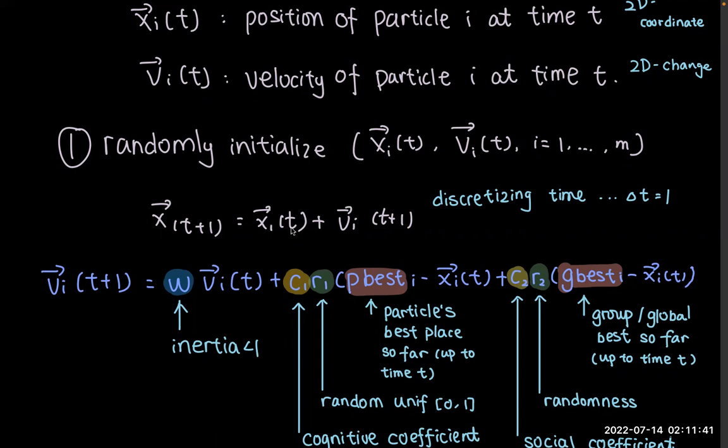Here we use discretized time. Otherwise, for continuous time, we should use delta t. But in discrete time, we just let delta t equal 1, so that v is the change of the position per unit time. So we just add v directly; otherwise it should be v times delta t.